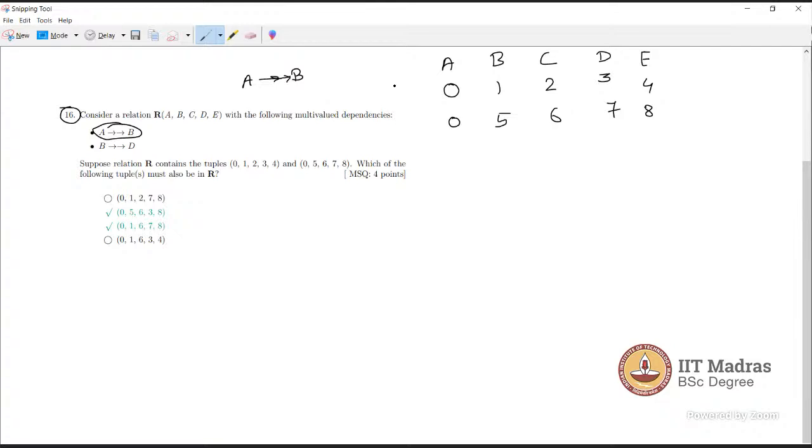Has any one of you solved this question? How to proceed further?